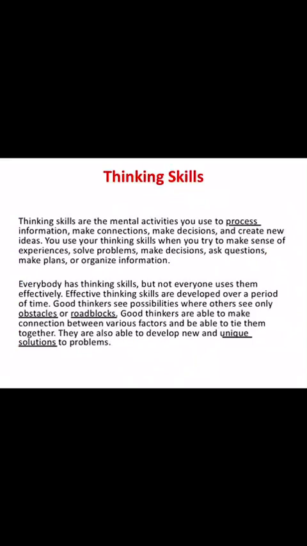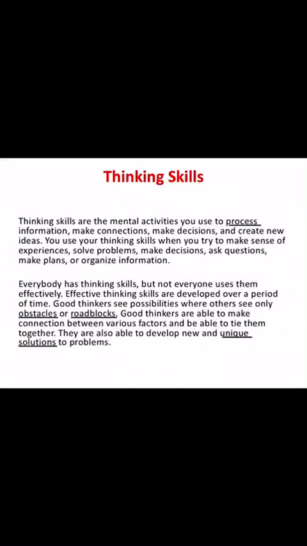So, one of the thinking skills or critical thinking skills or scientific thinking skills is that you see possibilities in the problem. So if you have a problem, don't see obstacles or roadblocks. You have to see possibilities to solve this problem.